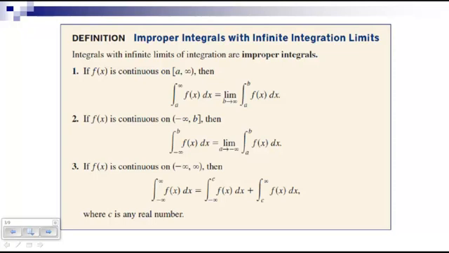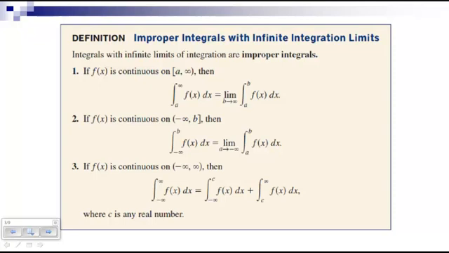When we have infinities on both ends of the limits of integration, as in the integral from negative infinity to positive infinity, we're going to replace both of those with numbers. We're going to declare some arbitrary point in the middle. Let's call it c. C can be any point from negative infinity to infinity.